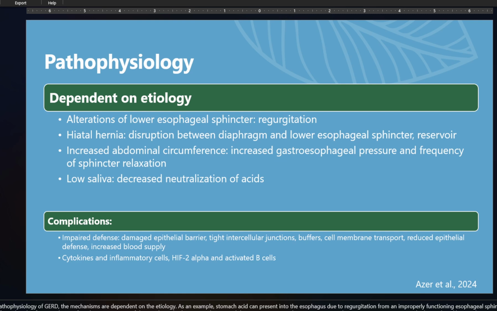Impaired defenses can also result from repeated damage to epithelial barriers, affecting tight intercellular junctions, cellular buffers, and cellular membrane transporters, resulting in a reduced epithelial defense and an increased blood supply. Over time, this repeated damage can result in Barrett esophagus, in which cytokines and inflammatory cells are mediated as a result of an increase of HIF2 alpha in activated B cells, resulting in further damage.